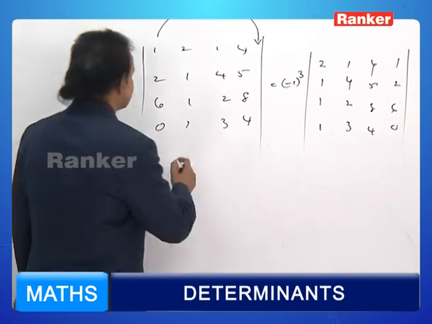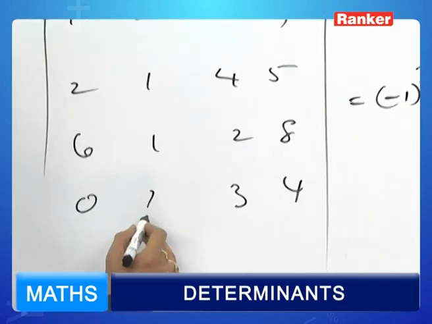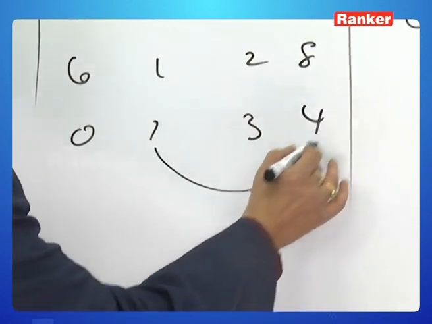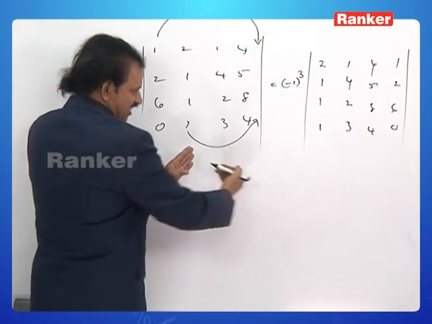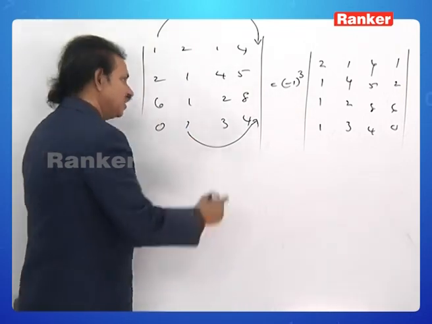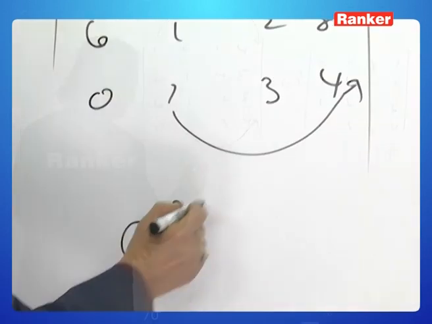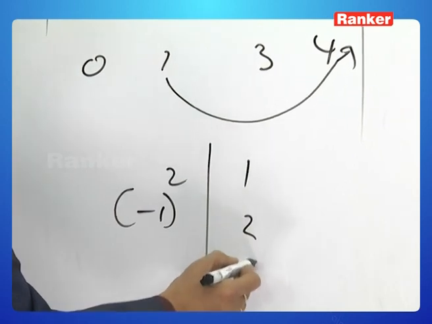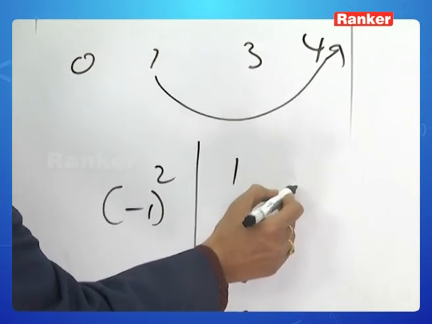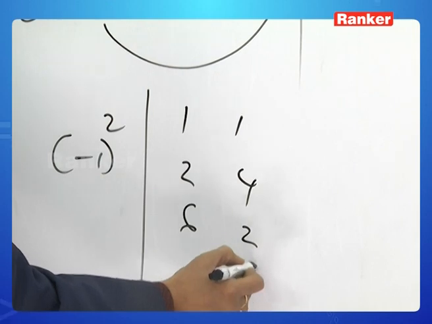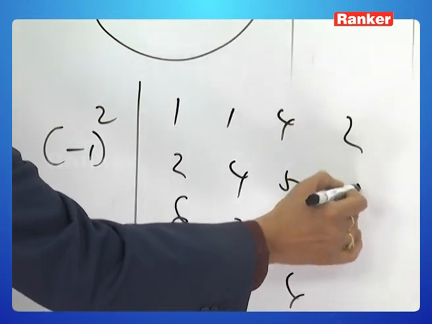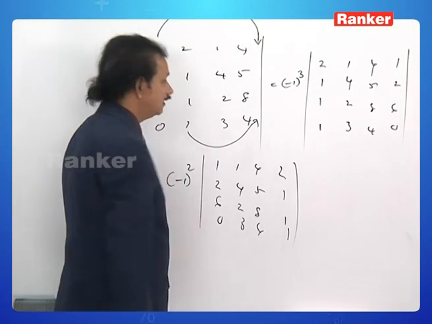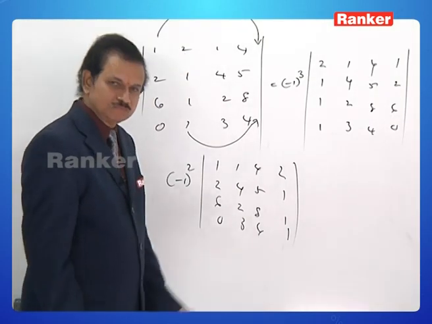In a similar way, suppose you would like to move this to the fourth column. How many columns have you crossed? 2 columns. In that case, it is (-1)^2 into the determinant with rows 1, 2, 6, 0; 1, 4, 2, 3; 4, 5, 8, 4; 2, 1, 1, 1. (-1)^2 means no change at all.